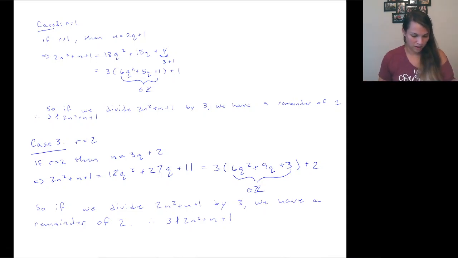So there we go. We've exhausted every possible case. When it comes to dividing by 3, you can have a remainder of 0, 1, or 2. And if you were to have a remainder of 3, that means it was divisible because you divided wrong. So those are the only possible things that can happen for n when we try to divide n by 3.